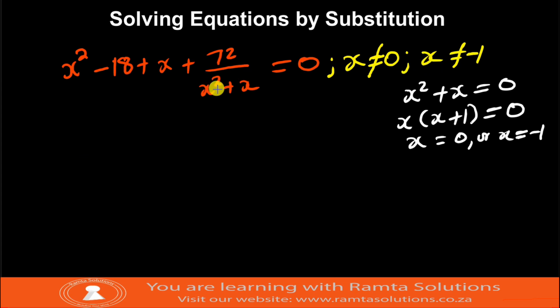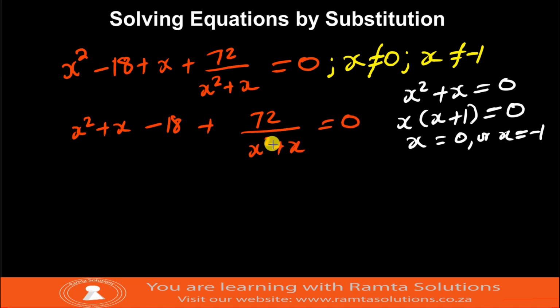Alright guys, so now we have this out of the way. Let's continue. I do see that we have an expression that's repeating, so let me simplify this for you. x squared plus x minus 18 plus 72 over x squared plus x equals 0. As you can see, x squared plus x is repeating.